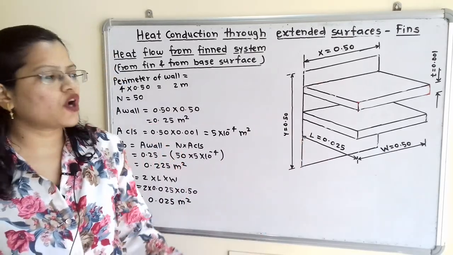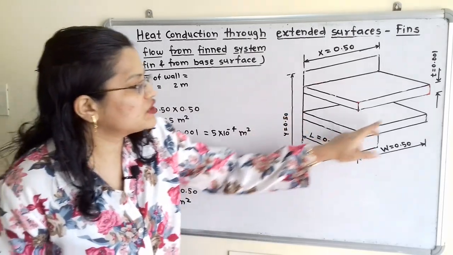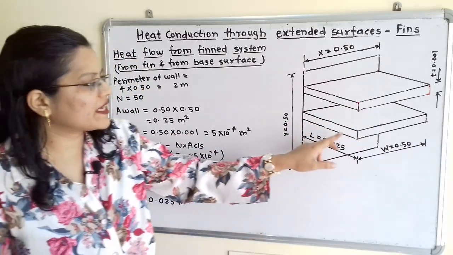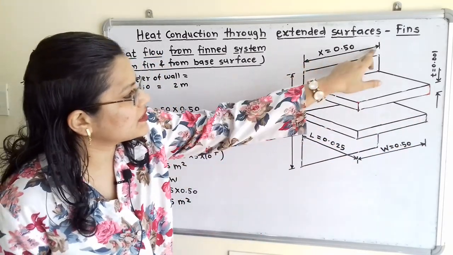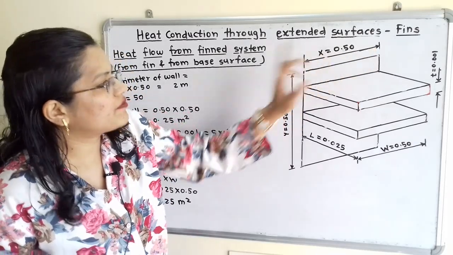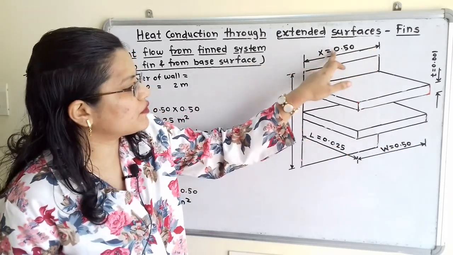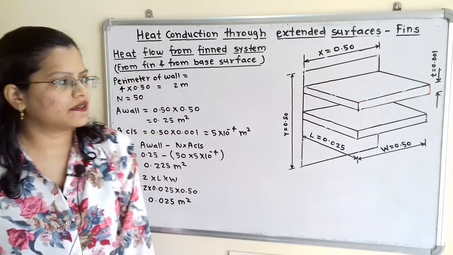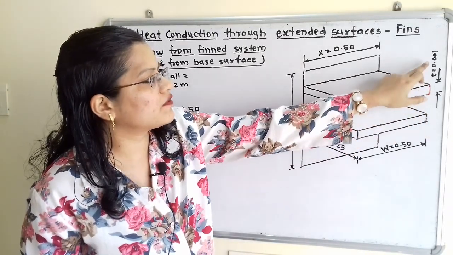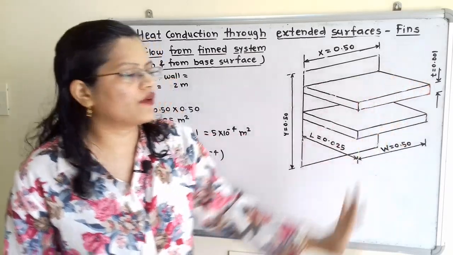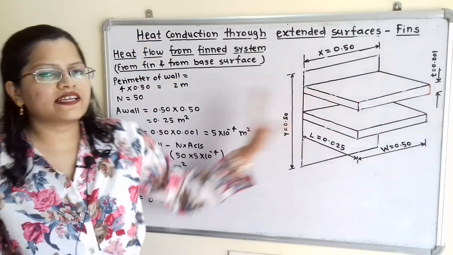Now the width is not mentioned, but the fin shape is given as rectangular. So we can say that this width is nothing but the length of this wall, that is width is also equal to 0.50 meter, and thickness is mentioned, that is 1 mm. So t is equal to 0.001 meter. So these are the dimensions.